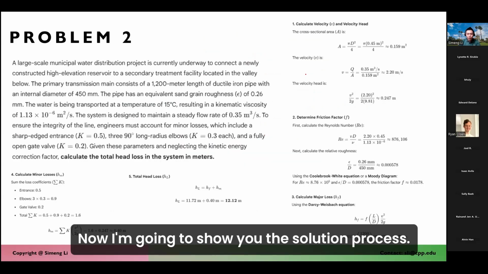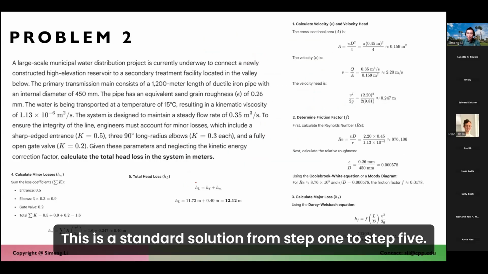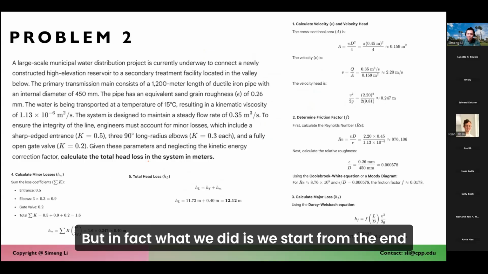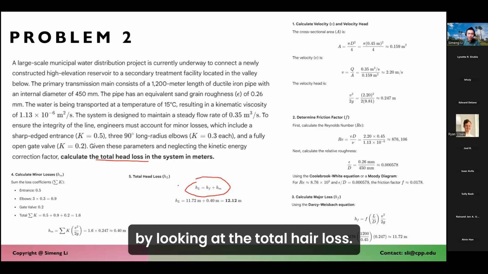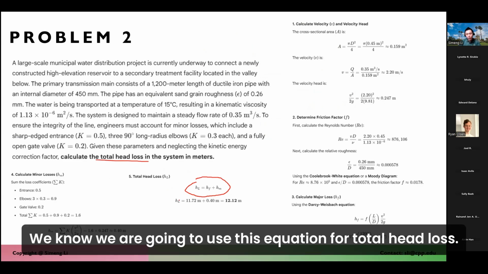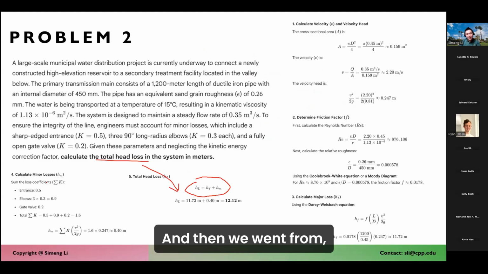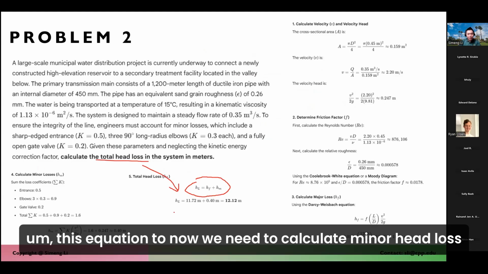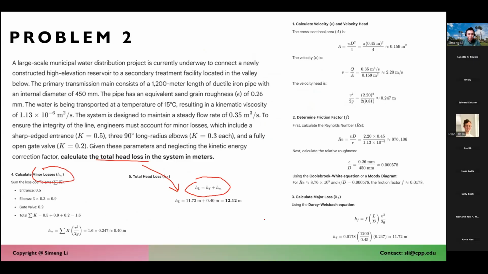Now I'm going to show you the solution process. This is a standard solution from step 1 to step 5. But in fact, what we did is we started from the end. By looking at the total head loss, we know we are going to use this equation for total head loss. And then from this equation we knew we need to calculate minor head loss.